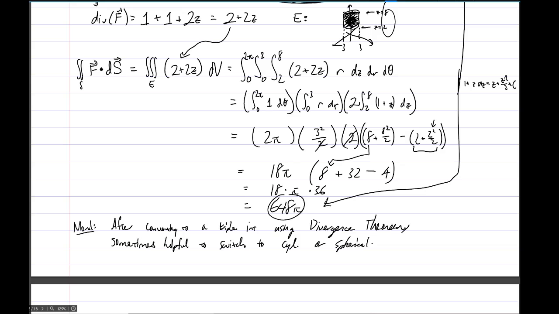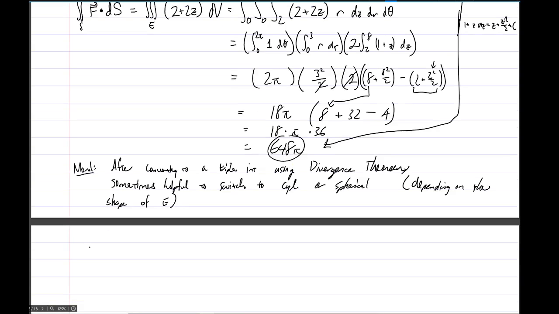And how do you know? Well, there's never one right way to do it, I guess. This just depends on the shape of E. So take a look at the shape we had here. Don't always do things as dz, dy, dx. Don't always do things in cylindrical, and don't always do things in spherical coordinates. Look at the shape and think about what is the nicest way to do things, right?